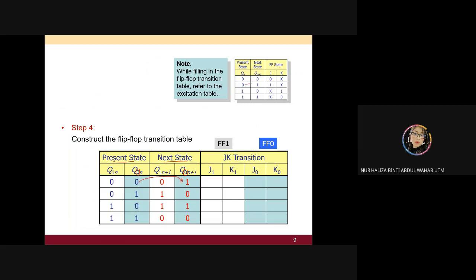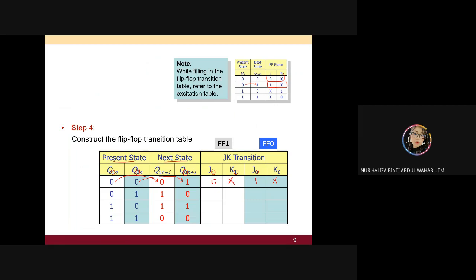So you see 0 to the 1 is going to be 1x. So you look at the Q0, it's going to be 1x. And for the Q1 here, 0 to the 0. 0 to the 0, what happened? It's going to be 0x.